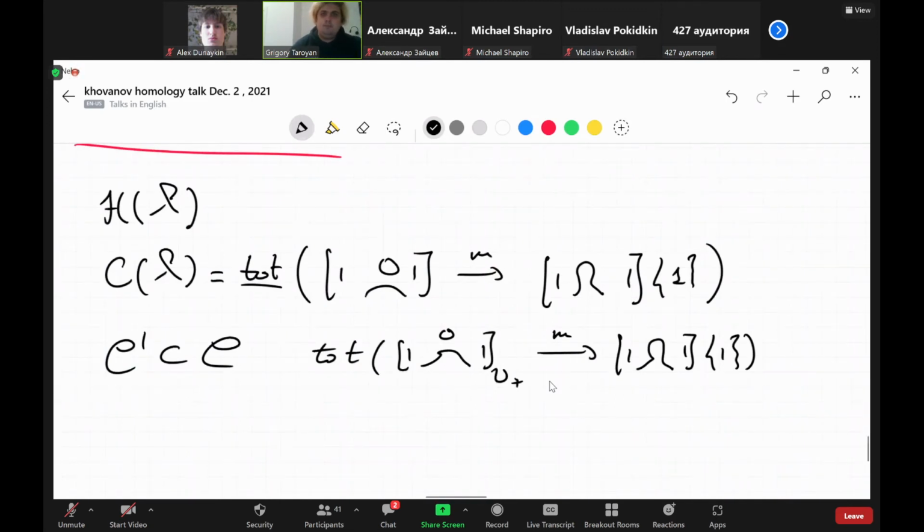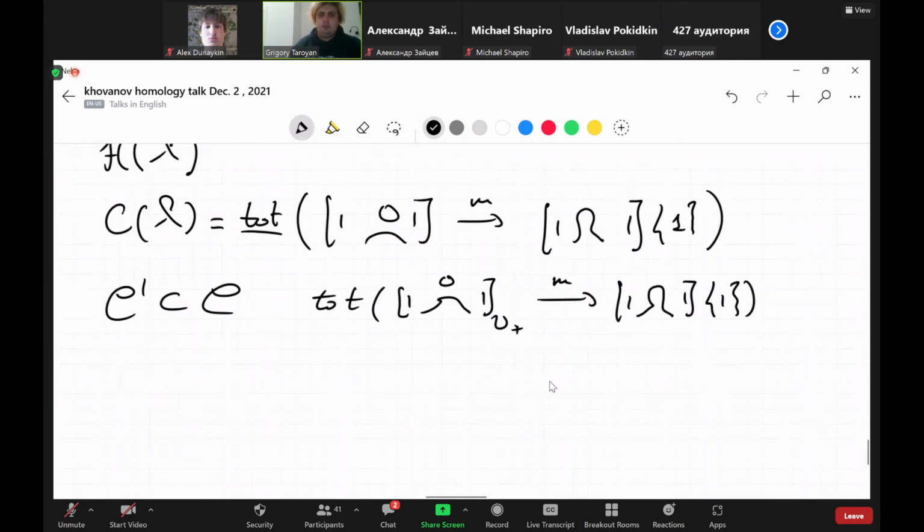Yes, thank you. So I have to explain what's happening here. You see that this guy right here is a vector space spanned by linear combinations of cycles.